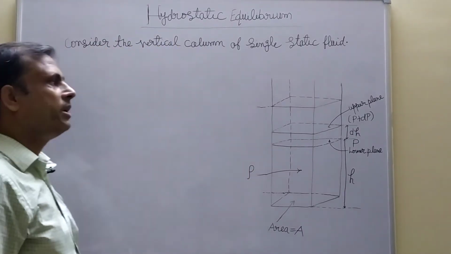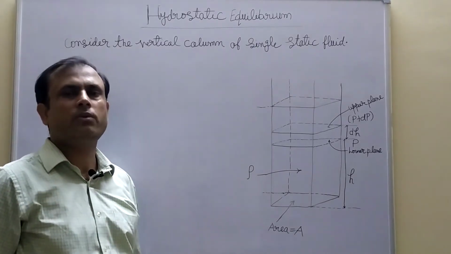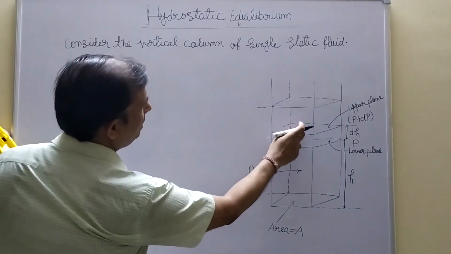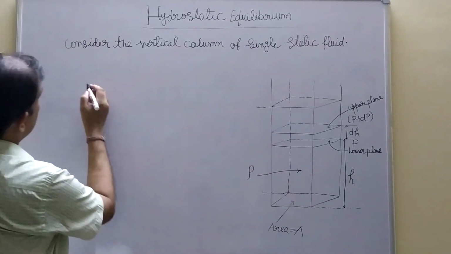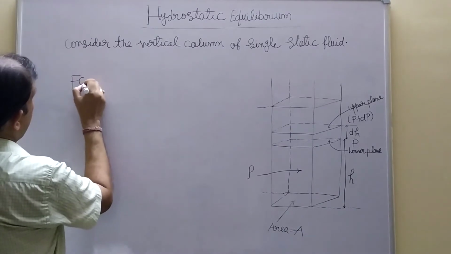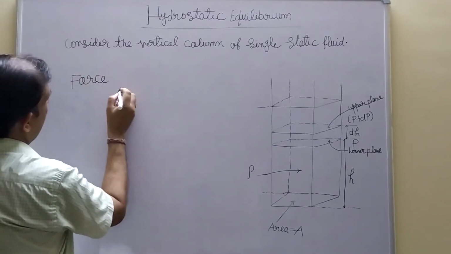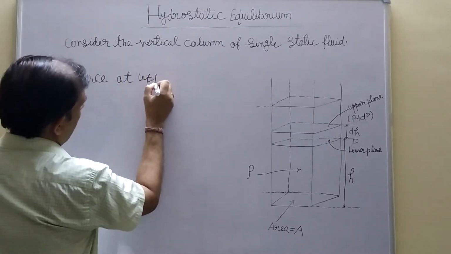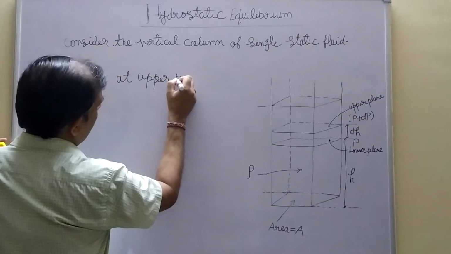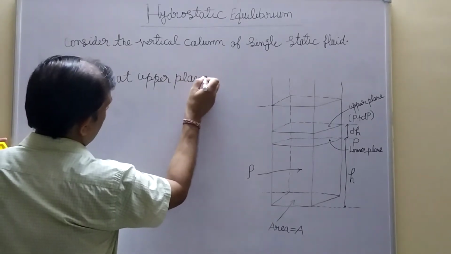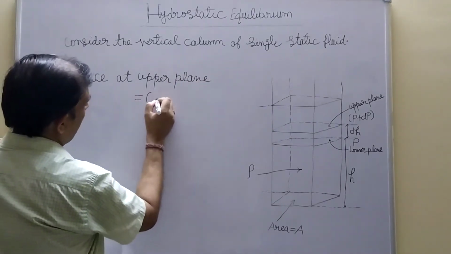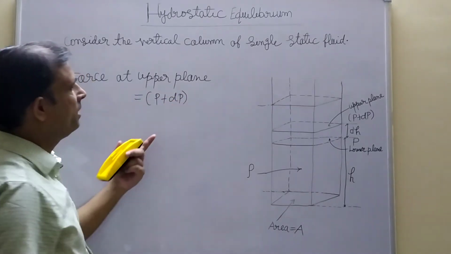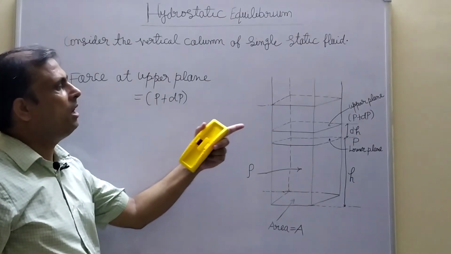Next we are going to write the equation for force. The force acting on the upper plane of the static liquid equals P plus dP, which is the total pressure acting on the upper plane.